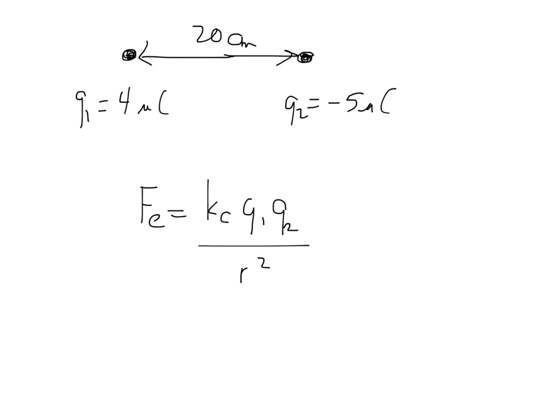Let's look at 3 particles now. This is where it got a little bit tricky. Let's use nanocoulombs this time. Times 10 to the negative 6 is micro. This is nano, though, this time. So what is that? 9.